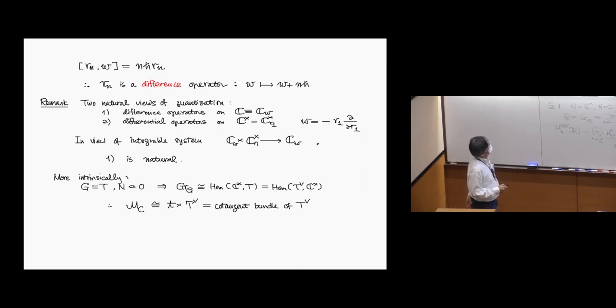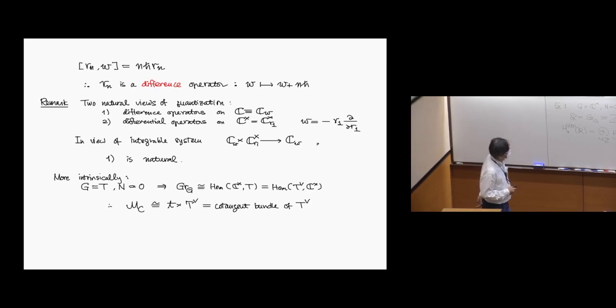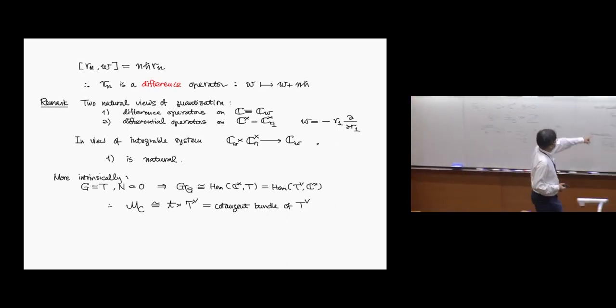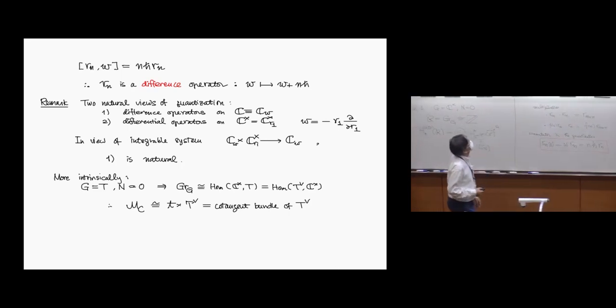Then somehow you must use this tautological identity. So this is the definition of the dual torus. You change the domain and the codomain, and then you replace the torus by its dual torus. So this is the space where the Rn naturally live.